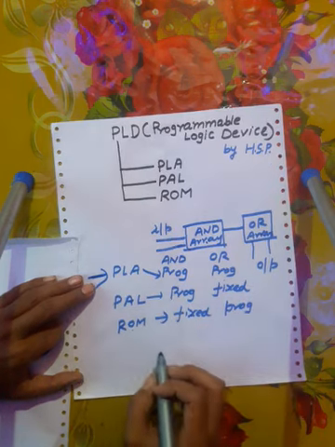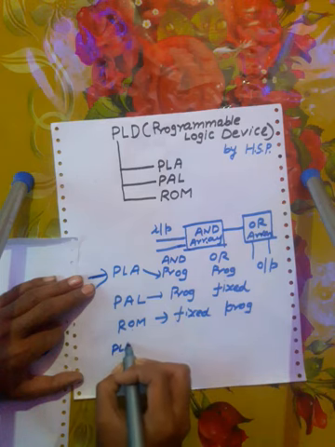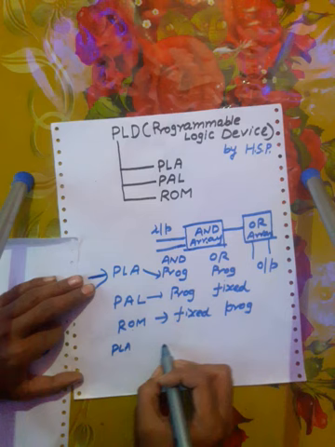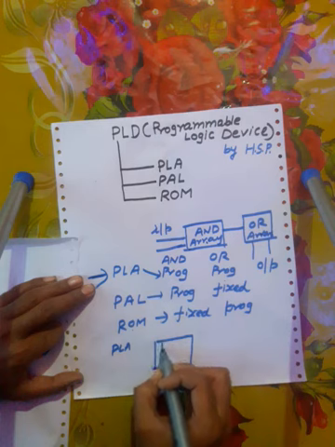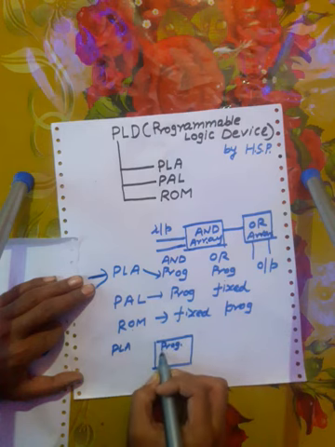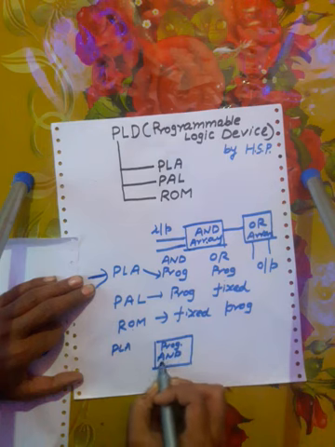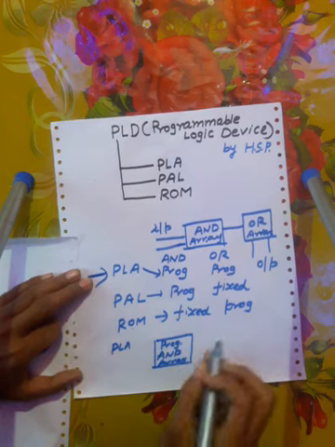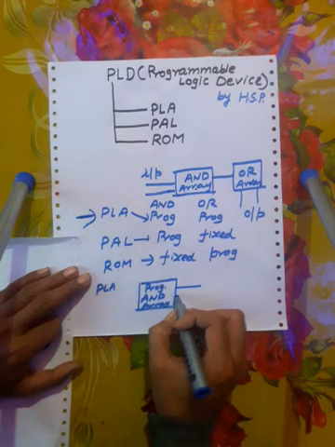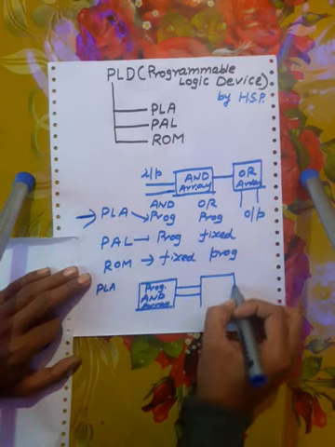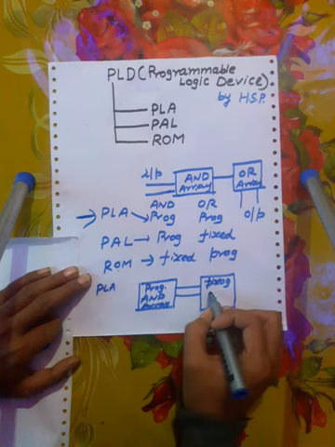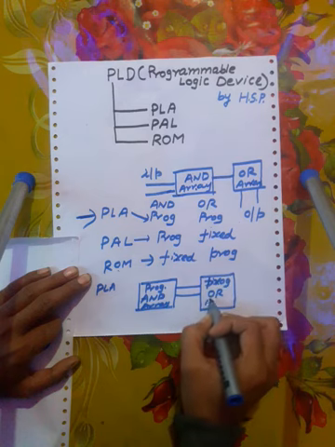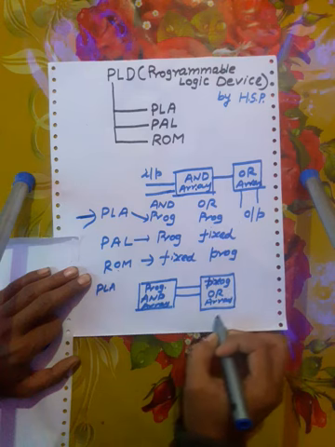Suppose I want to make PLA. How will you draw it? Here is your programmable AND array, followed by a programmable OR array.